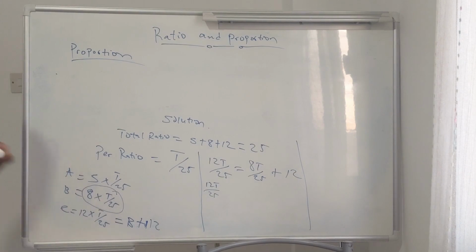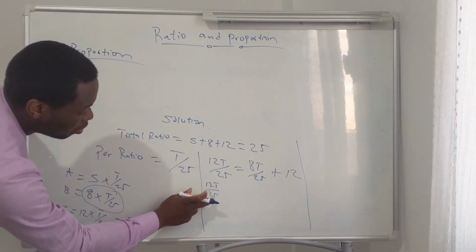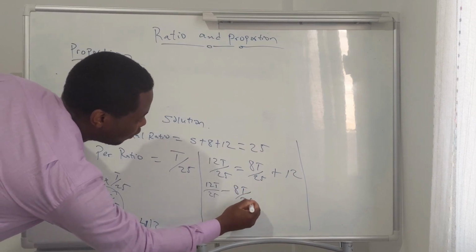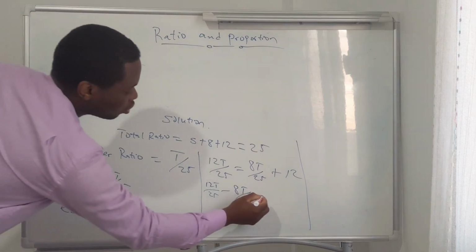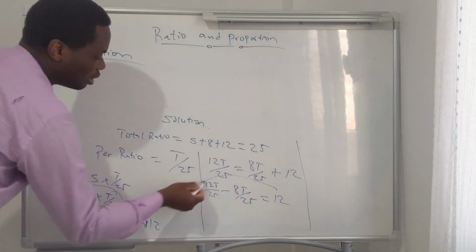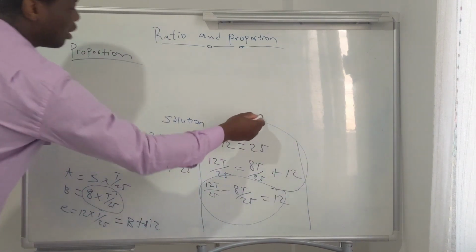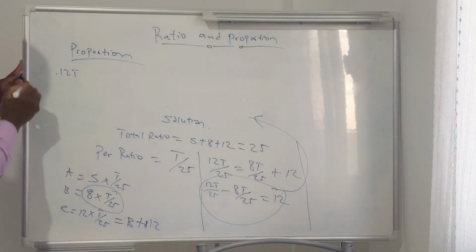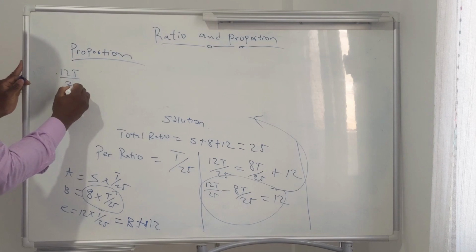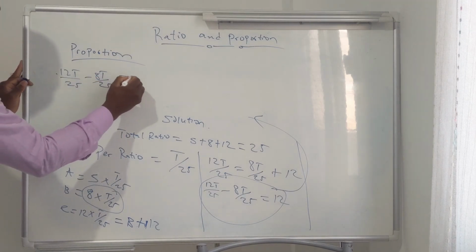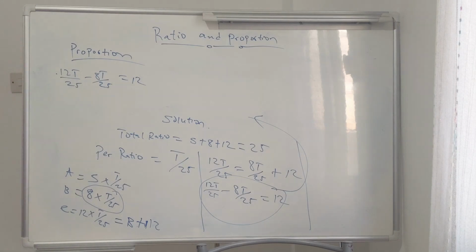So this is 12T over 25 minus 8T over 25, which is equal to 12. Let's transfer it here so that we'll be able to see it clearly. Are we all getting it?